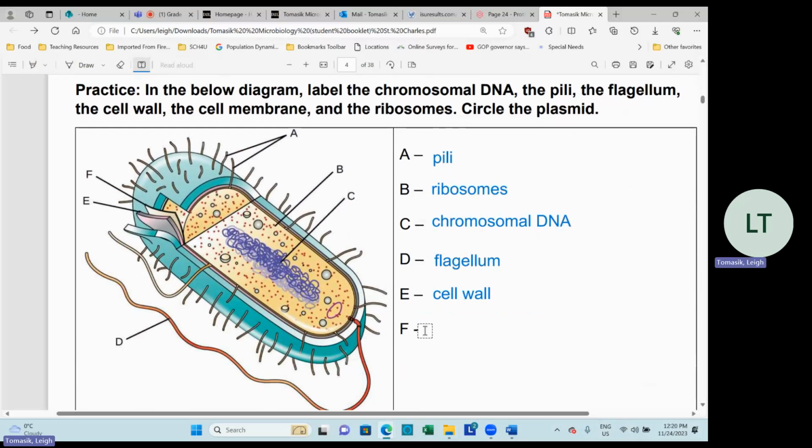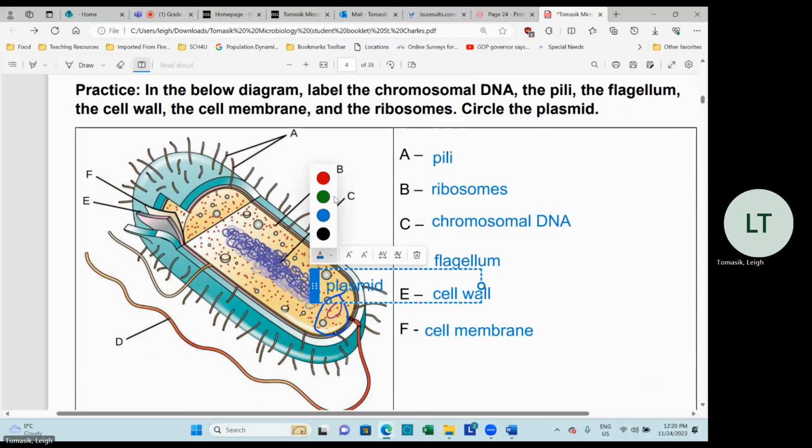F is the cell membrane. And here is the plasmid. So there you go.